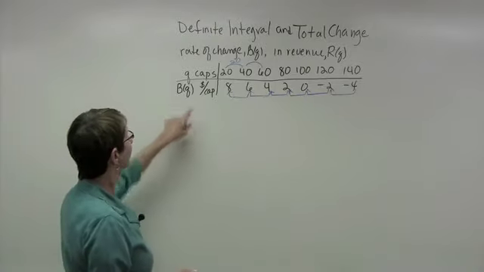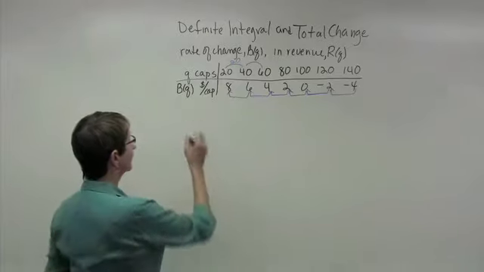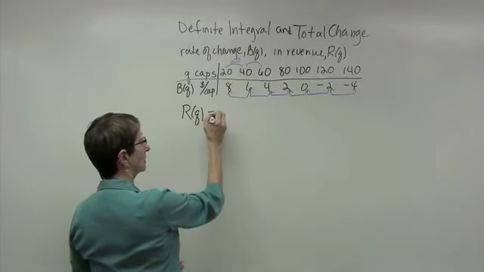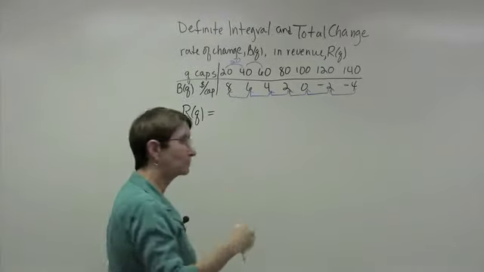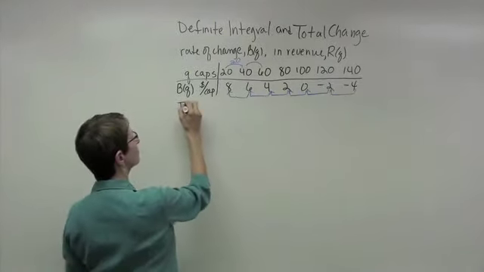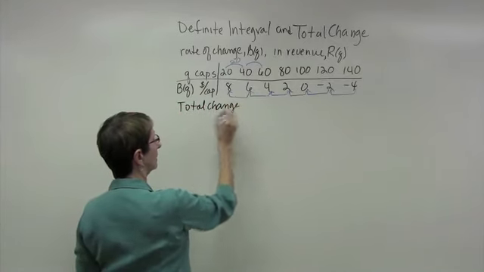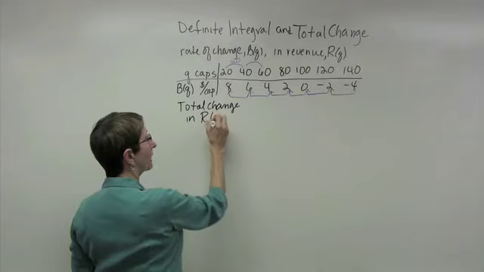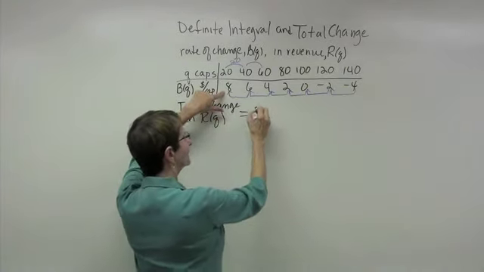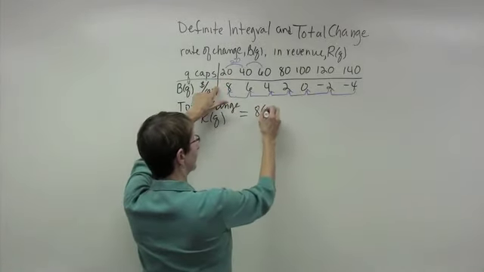So let's see. This is the change in revenue. If I'm looking for my total change in revenue, better write that whole thing down here. Total change in revenue. What I want to do is take my $8, which was the change at this point, times 20.